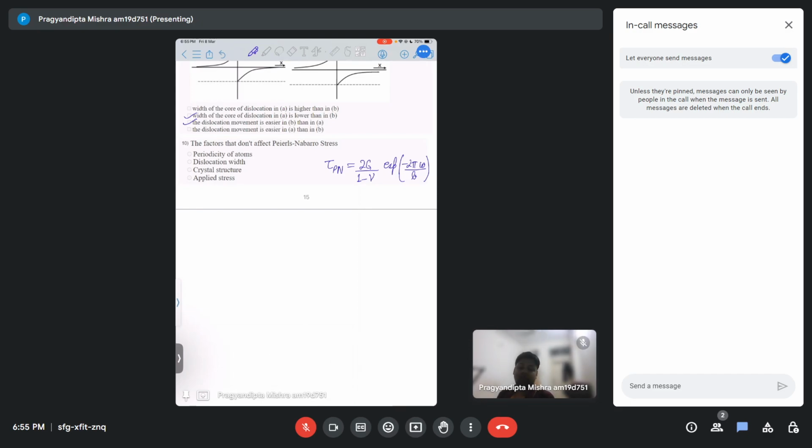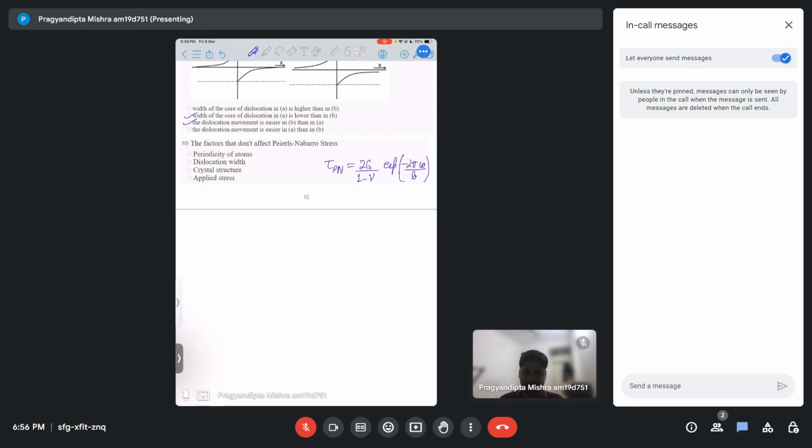Okay. So what are the things that can affect the Peierls-Nabarro stress? Think about it. Does periodicity of atoms affect it? What do we mean by periodicity of atoms? Periodicity of atom just means interplanar spacing, right?